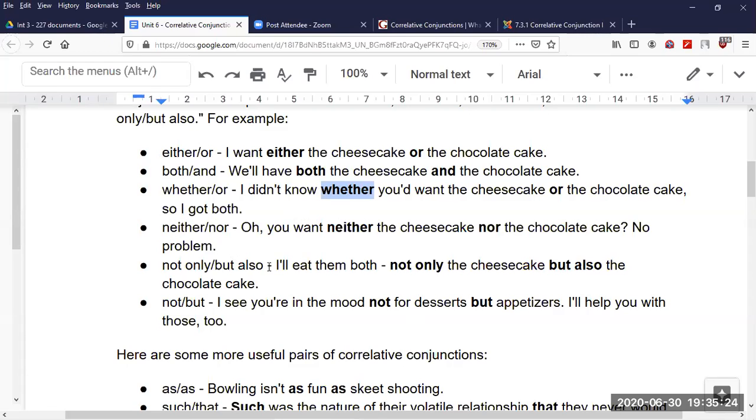Not only, but also, as I said, we're joining two things that can be positive or negative, but they join the two ideas. So I'll eat them both, not only the cheesecake, but also the chocolate cake. So I will eat the cheesecake, and I will also eat the chocolate cake.